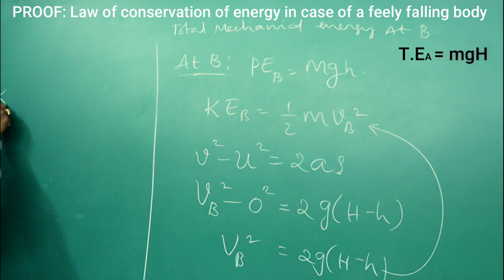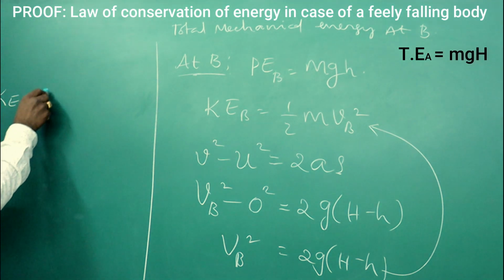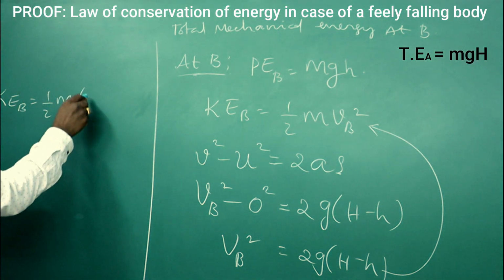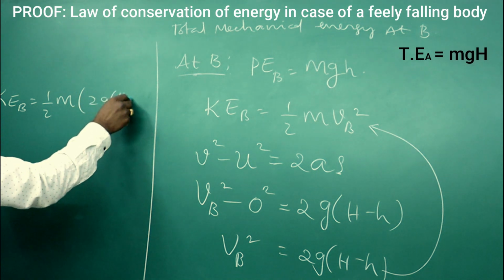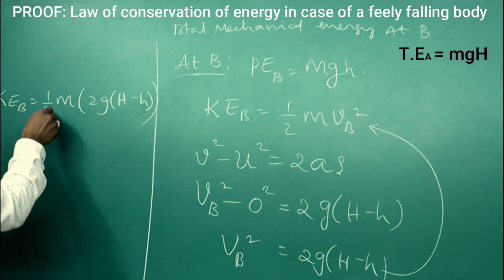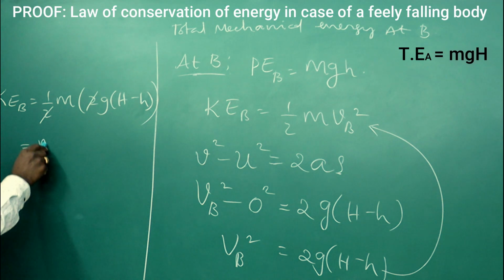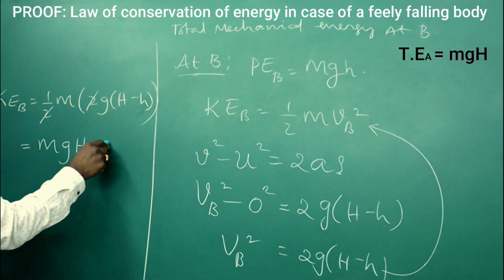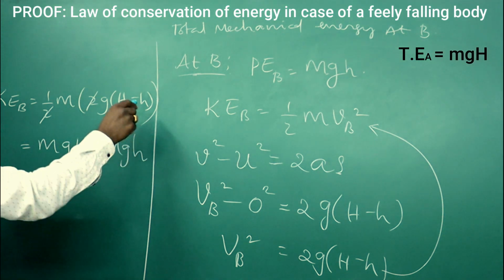So kinetic energy at B is equal to half m into 2g into (H minus h). Half gets cancelled and it is left with mg into capital H minus mg into small h.